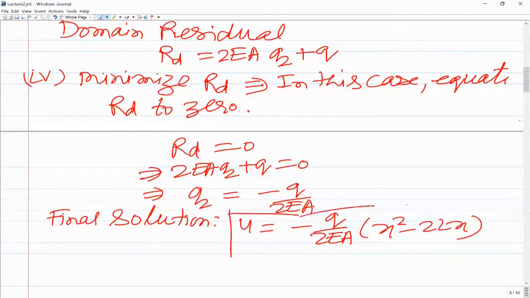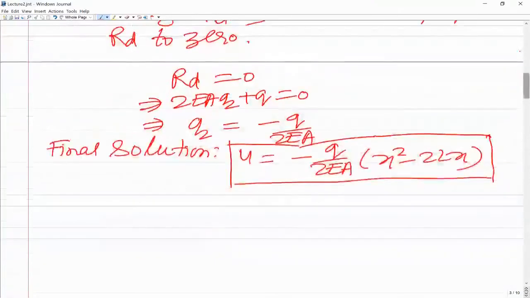And now in this case, although we followed the procedure of obtaining the approximate analytical solution, we have exactly satisfied the boundary condition, because we got a0 and a1 in terms of a2. Of course, a0 is 0, so by exactly satisfying the boundary condition, and then substituting the resulting approximate solution in the differential equation, whatever we get, we are equating it to 0.